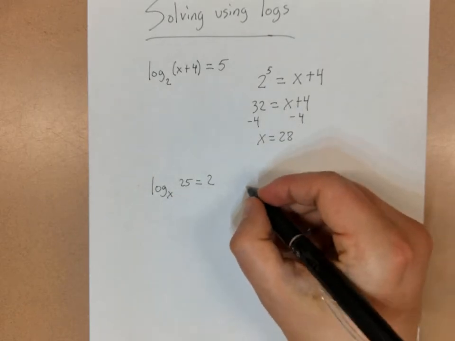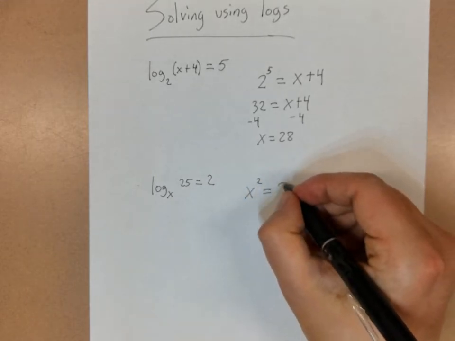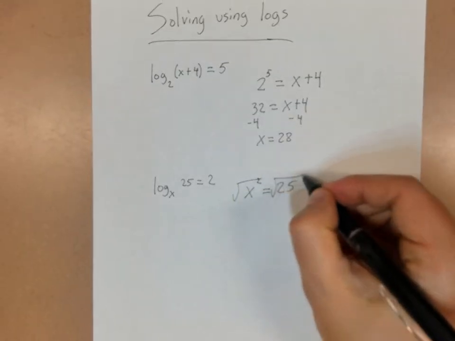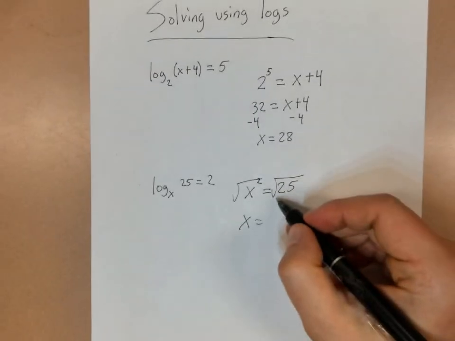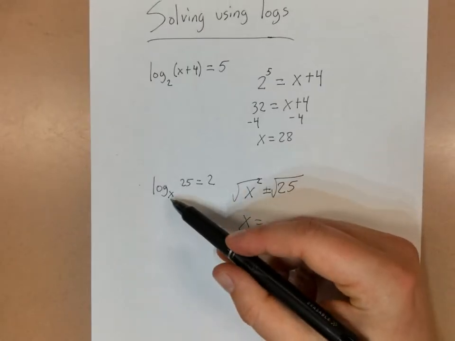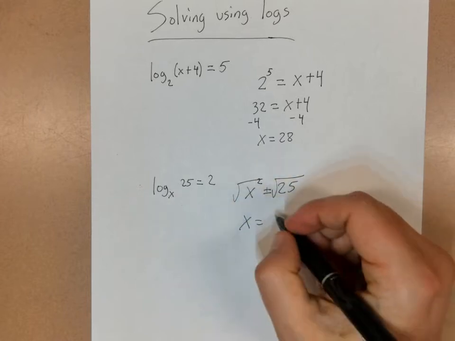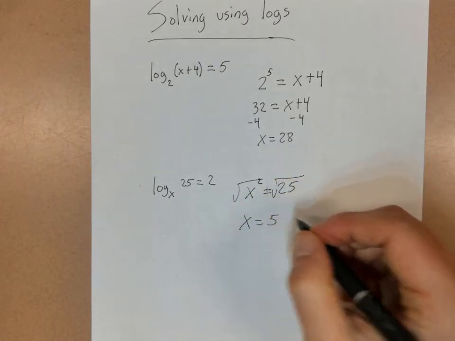I'd rewrite this as x squared equals 25. When you solve this, you square root both sides. Normally you'd say, let's not forget our plus or minus, but because you can't have a negative base for a log, we're left with just the positive answer, which would be positive 5.